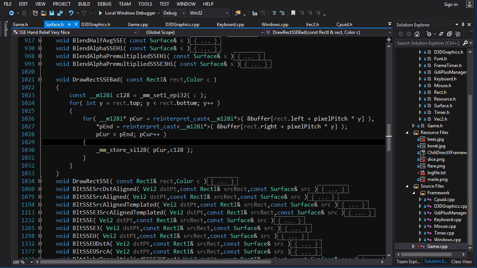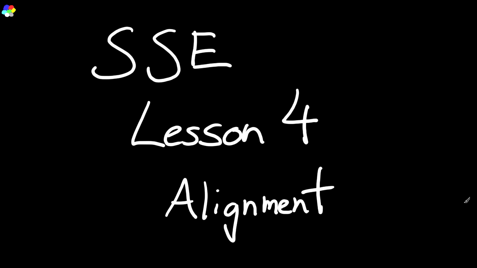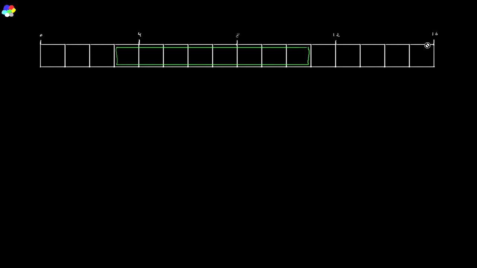Well, let's take a look here. Imagine this is a row of pixels that we're writing to. By the way, note that alignment in the Y direction doesn't matter at all, right? That doesn't make any difference. It's only the X direction that you have to worry about alignment in.